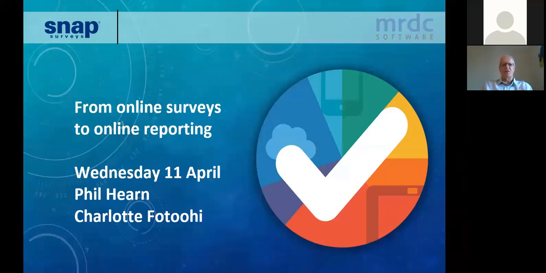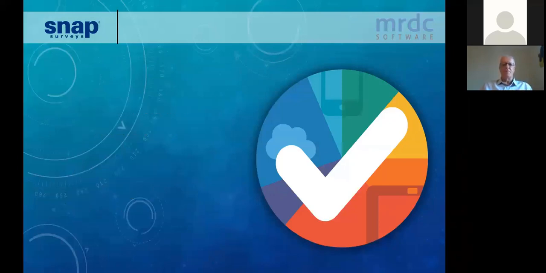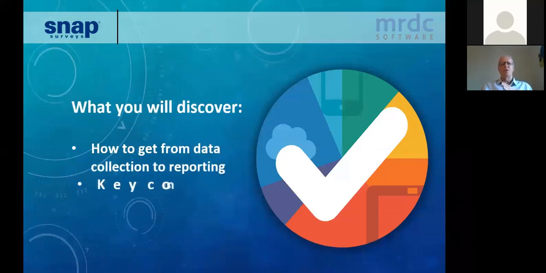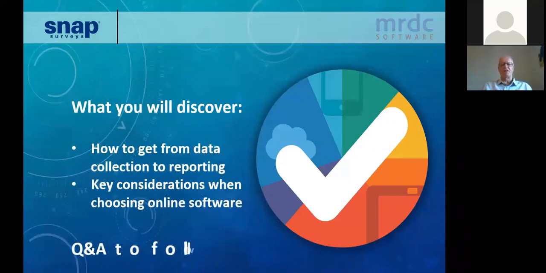I'd like to just put you onto the steps I'm going to go through today. We're going to, first of all, look at what aspects of online research are important when you're deciding what software to use. There's a whole range of software products out there that range from free products through to paid products, through to very high-end and very expensive products that you might want to consider for your surveys.